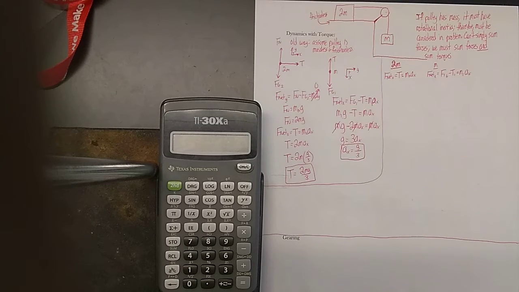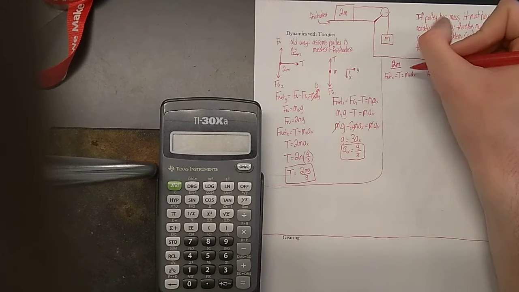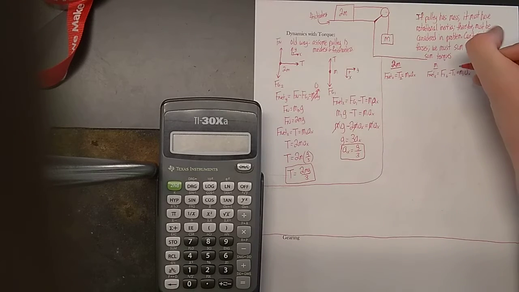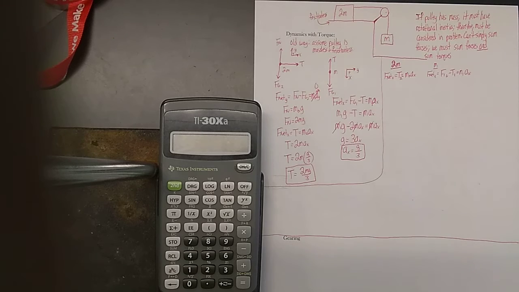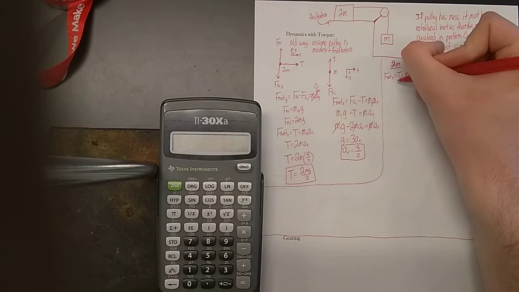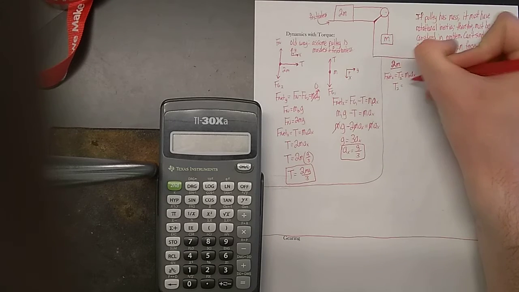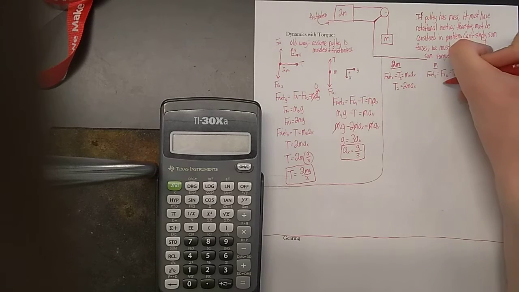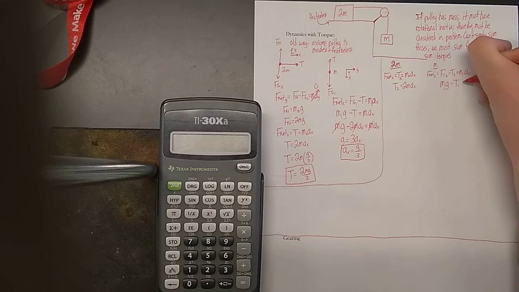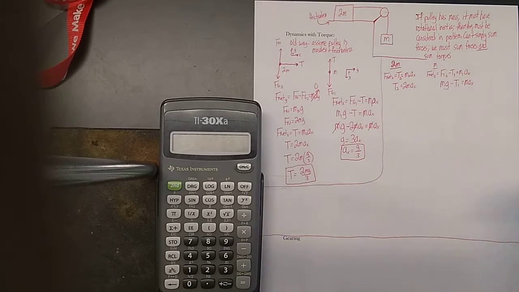And you'll see why when we get through the end of the problem. Just to simplify things, we'll call this one T2, and we'll call this one, I already kind of wrote it, T1. Missed that I wrote it right there. Okay, so this ends up being T2 equals 2 MAX, and this ends up being mg minus T1 equals MAX.